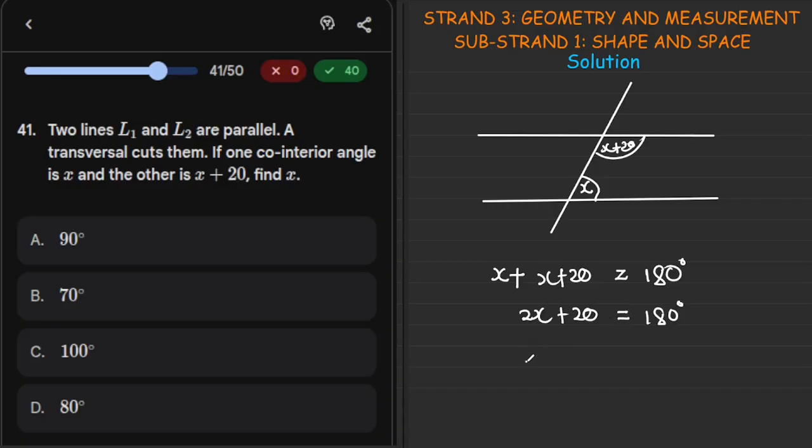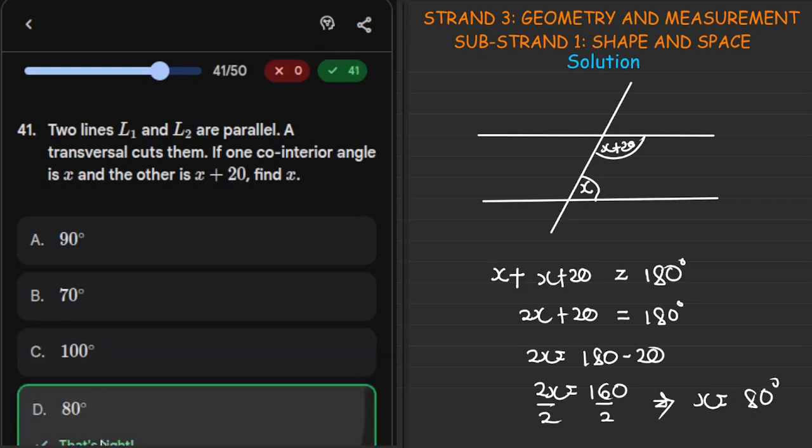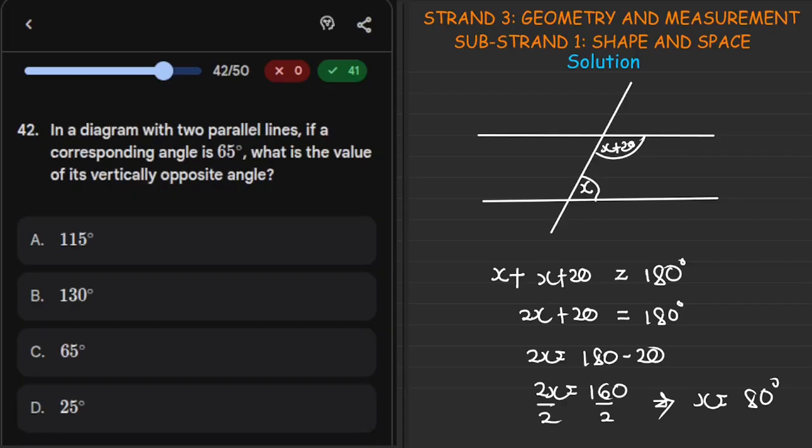Making 2x the subject, you have 2x equal to 180 minus 20, which gives us 160. If you divide both sides by 2, we get x equal to 80 degrees. And that is what? The D.